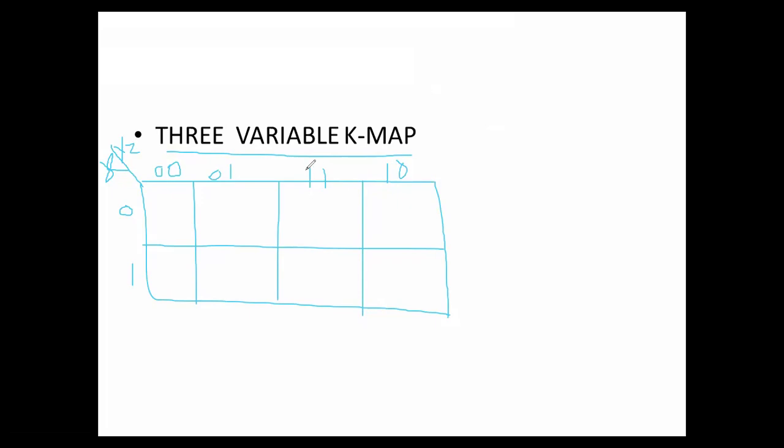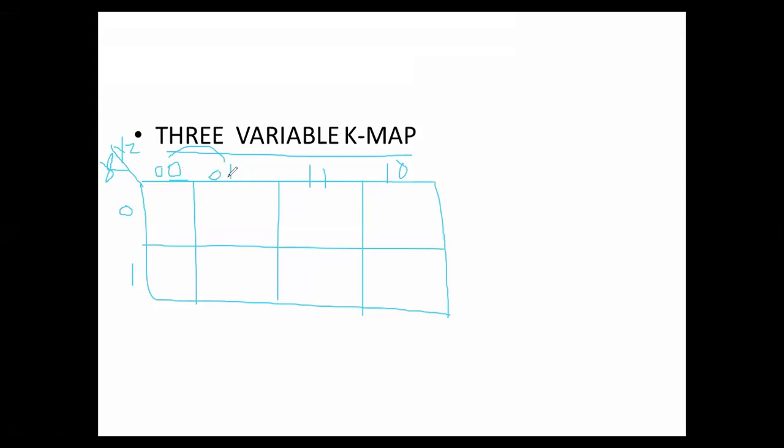Why are we taking it like this? The reason is, if you take the first two numbers, how many bits are changed here? 0, 0, 0, 1. That means only one bit is changed.